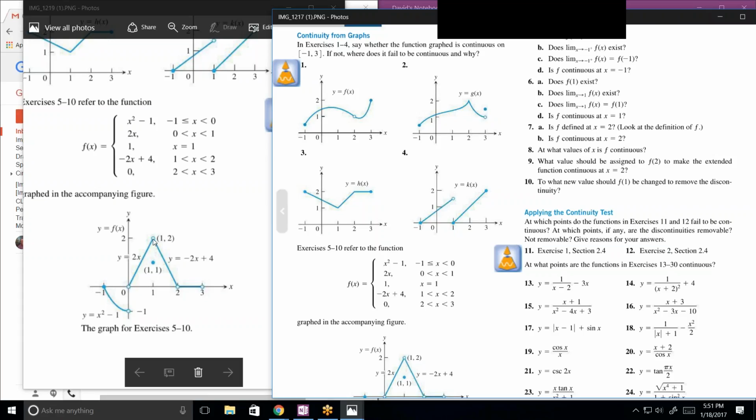I would have it because the limit from the left equals the limit from the right equals the function evaluated at that point. All three of those have to be true for it to be continuous.